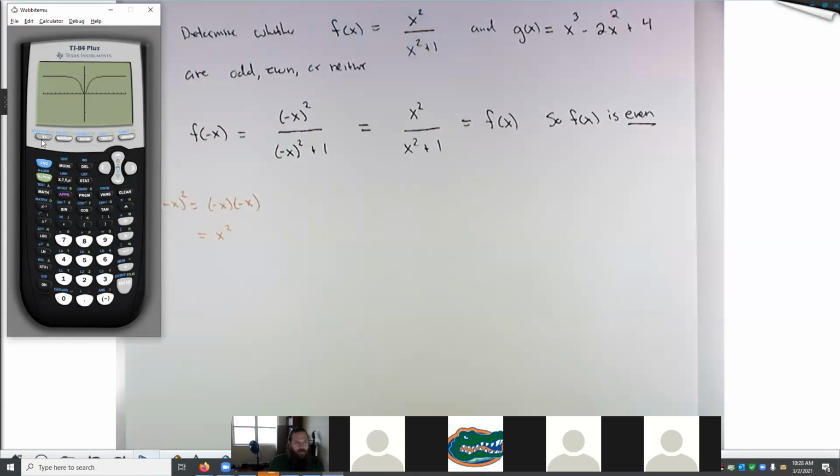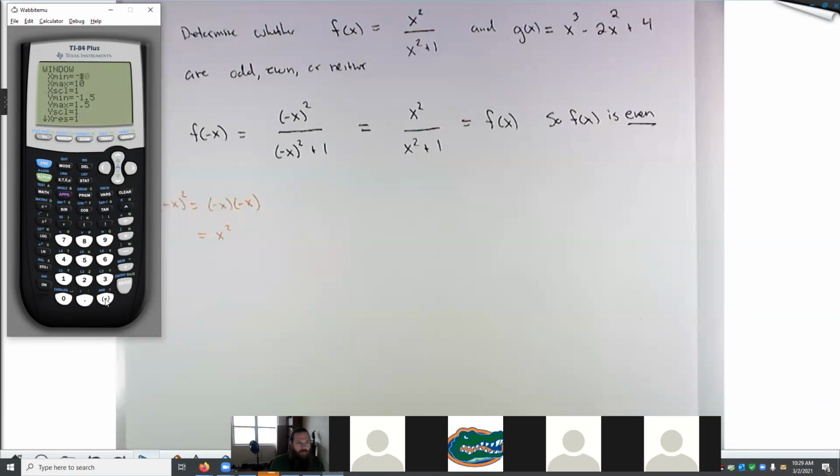The other function, g of x, we can take a look at him. He's x cubed minus 2x squared plus 4. It's a thing with the 84 that I'm not used to. We have to push over to get out of the power. Here, my scales aren't going to be appropriate for this.